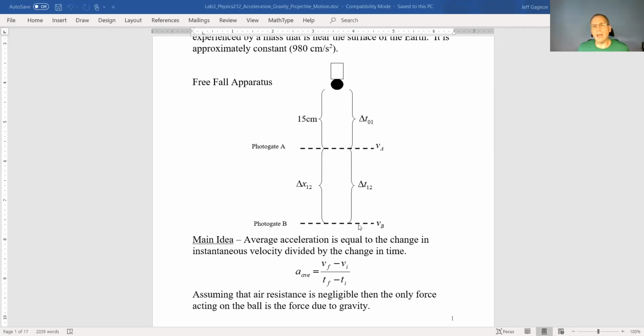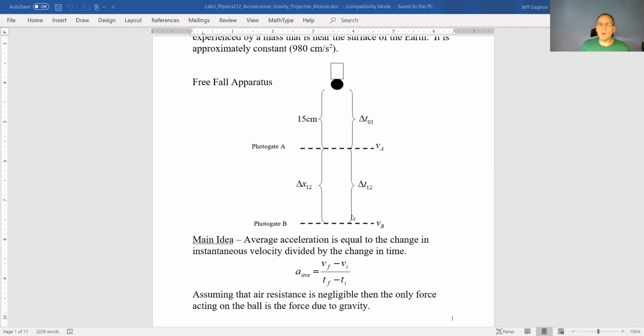So if I have an estimate of the velocity at the second photo gate, which we're going to call VB, and an estimate of how fast it's moving when it passes the first photo gate, VA, and I know the time it takes to go from the first to the second photo gate, delta T12, then if I simply compute VB minus VA, the change in velocity, over delta T12, that's going to be my average acceleration.